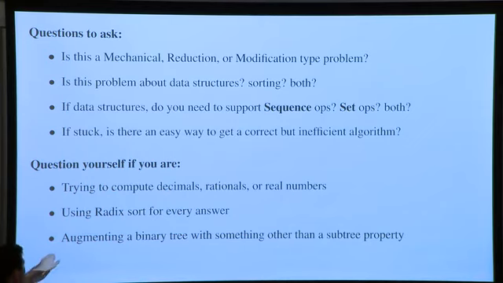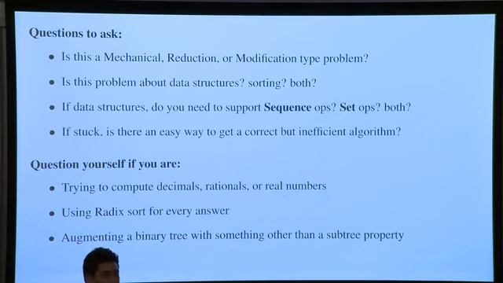Okay? And then if you're trying to augment a binary tree with something that's not a subtree property, something that can't be computed from the augmentations of its two children, you're doing something bad. Every exam, 30% of students say, augment by my index in the entire tree.